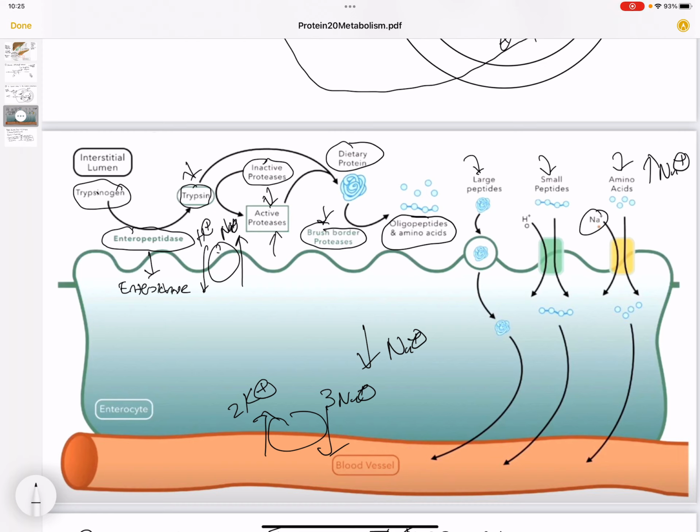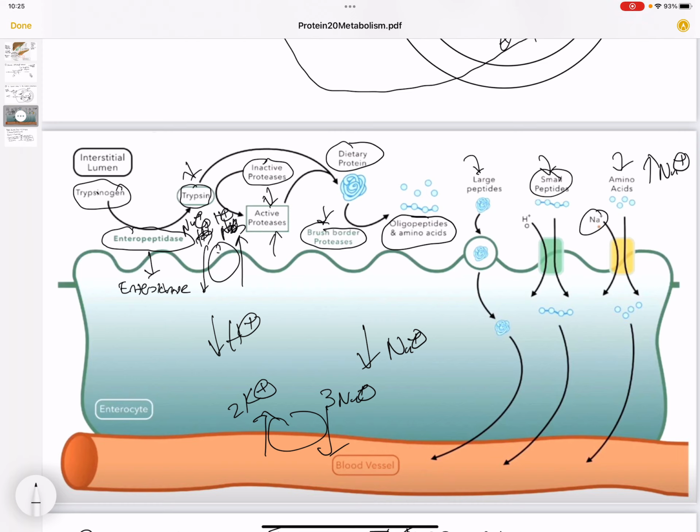And so there's going to be less hydrogen in the enterocyte, so we can use that concentration gradient to bring small peptides into the enterocyte.